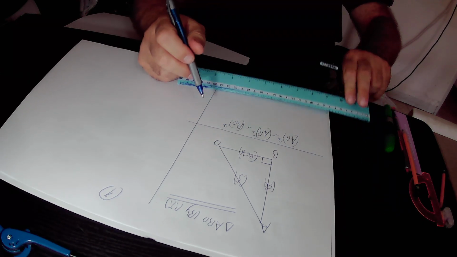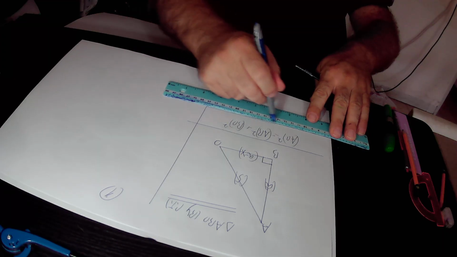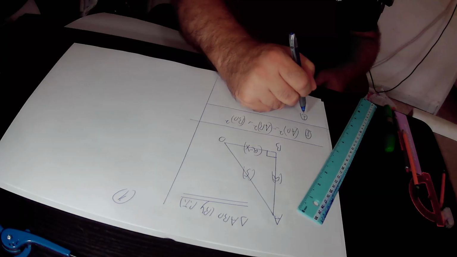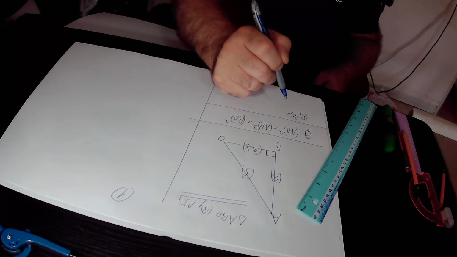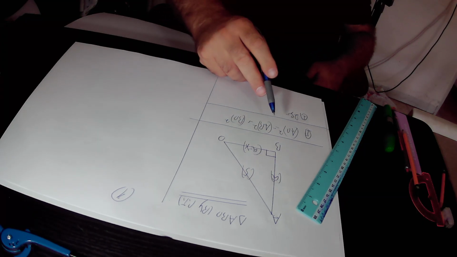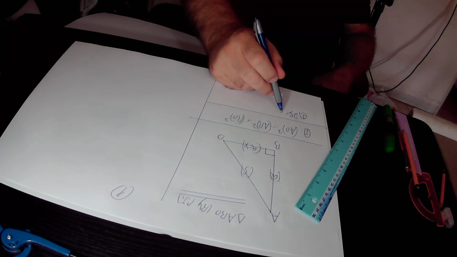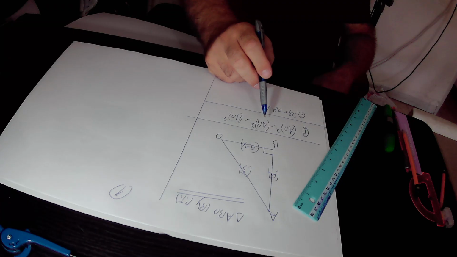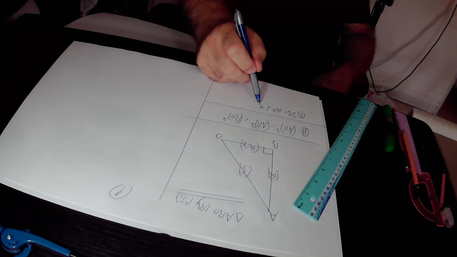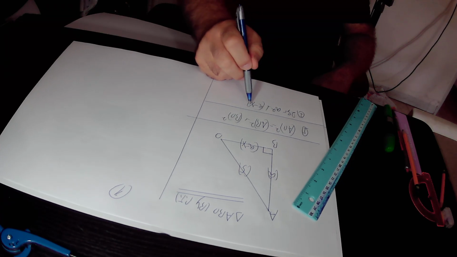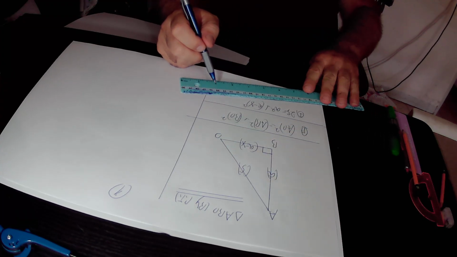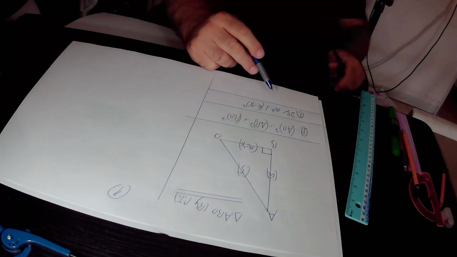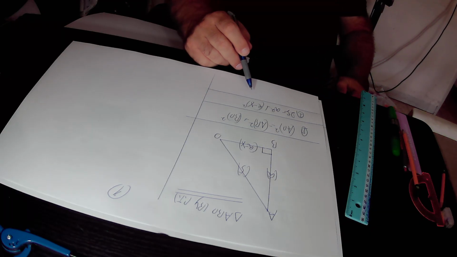AO is 5, therefore AO squared is 5 squared, that is 25. And it is equal to AB squared. AB is A, therefore AB squared is A squared, plus BO squared. BO is A minus X, therefore BO squared is (A minus X) squared. And so we found that, according to equation 1, 25 equals A squared plus (A minus X) squared.